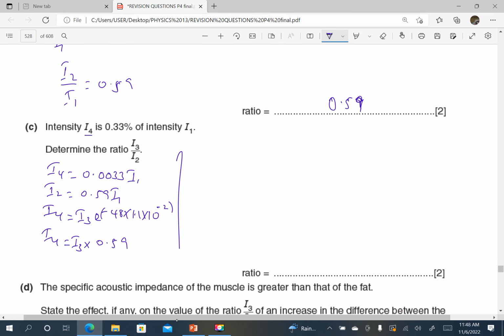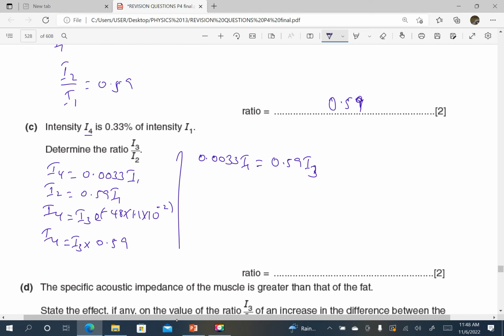So remember I4 is 0.003. So where there is I4, I'm putting there 0.0033 I1. This is equal to I3, the other side is I3, that is 0.59 times I3.